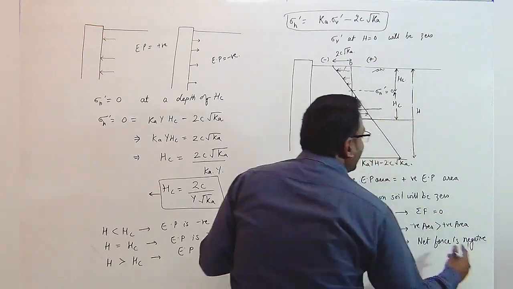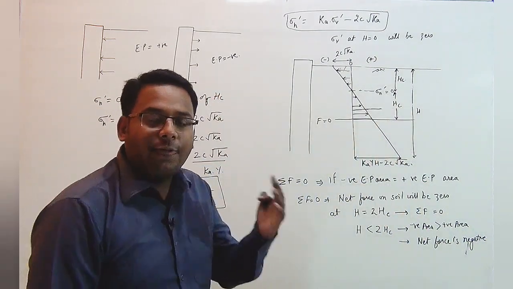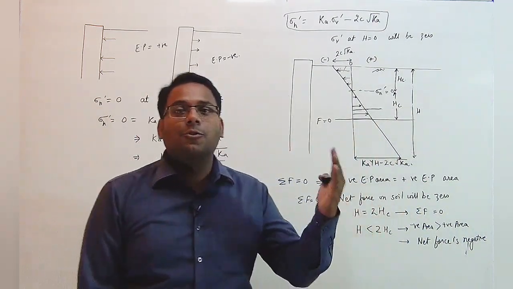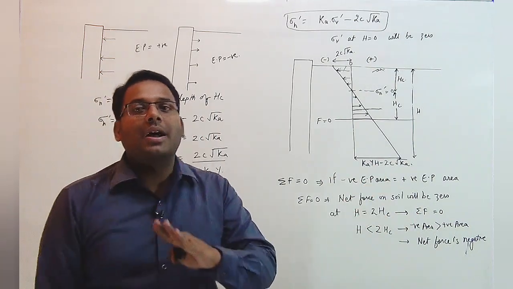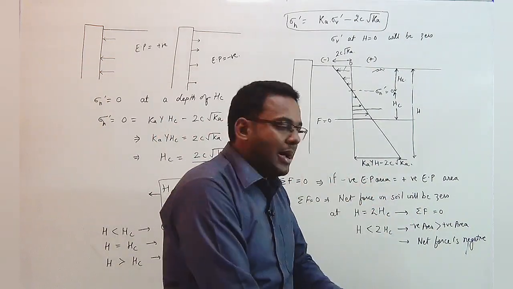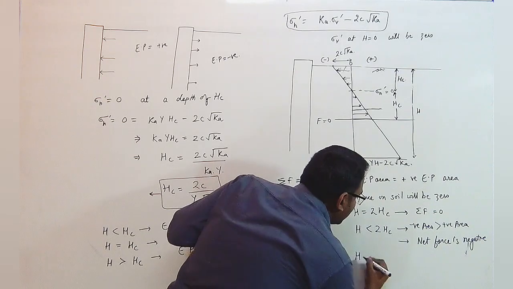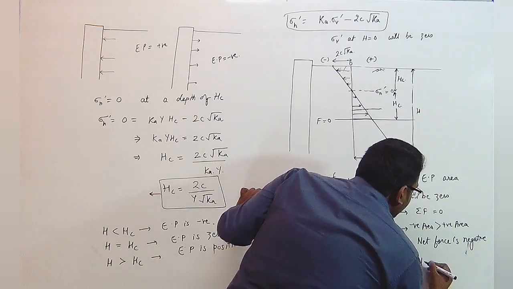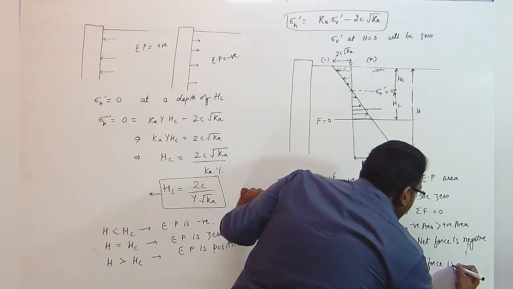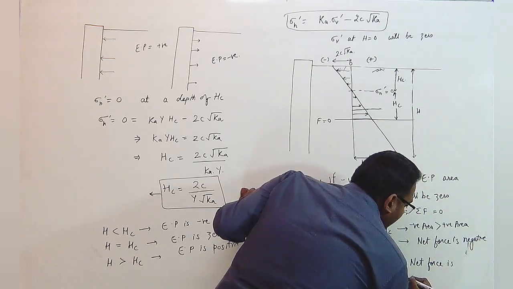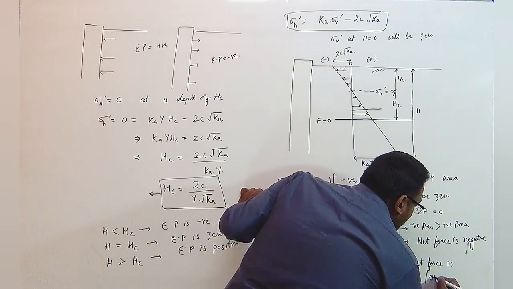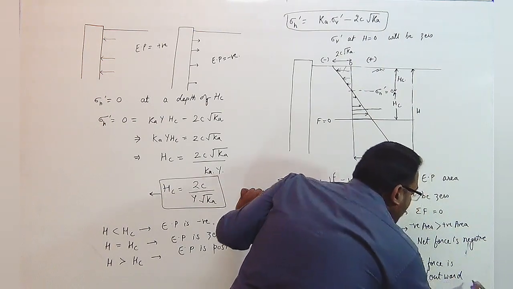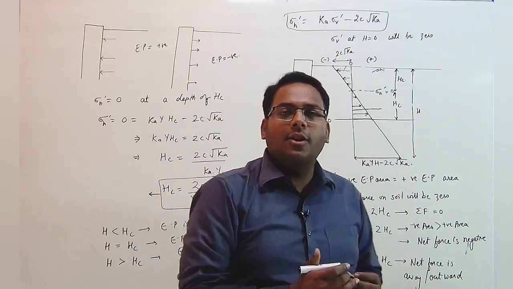What does this negative force signify? Negative force signifies that the net force is towards the backfill, not away from the backfill. Whereas if h is greater than 2hc, the net force is outward from the backfill, that is, towards the retaining wall.